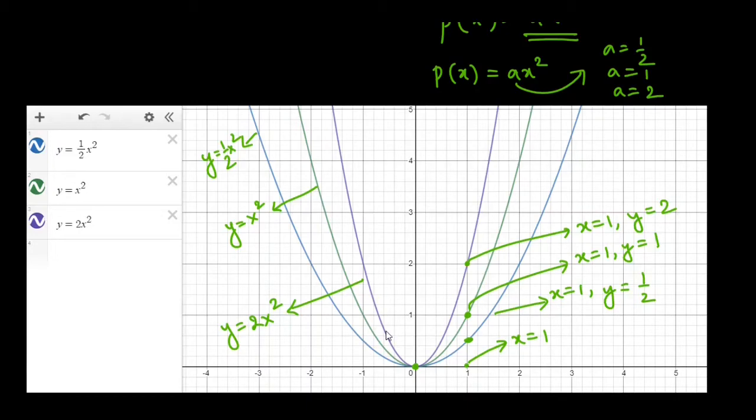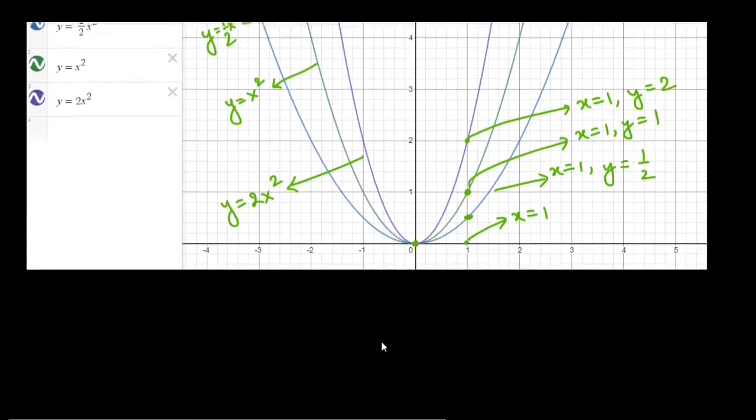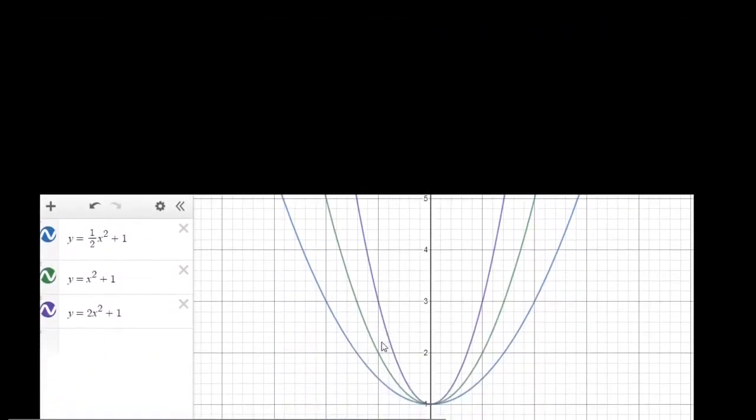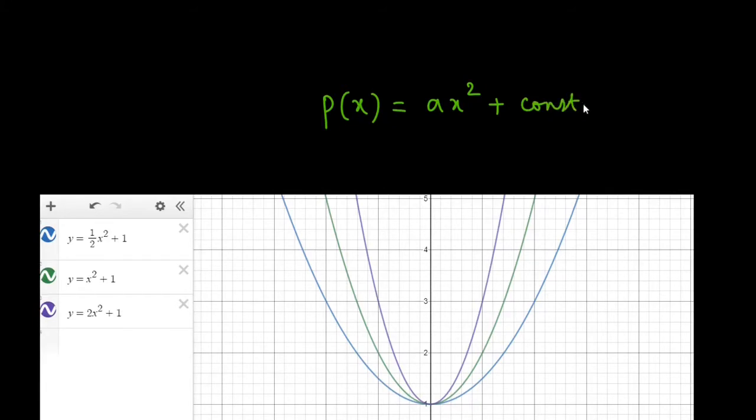Now let us look at some other curves. Here we have p of x is equal to ax square plus some constant. We are missing the x term here.